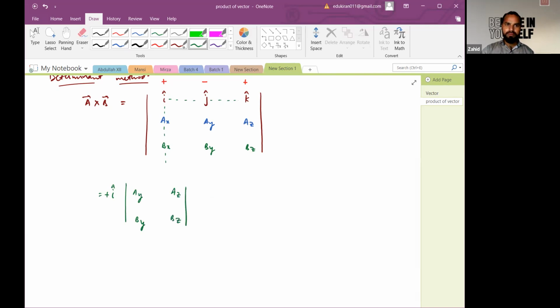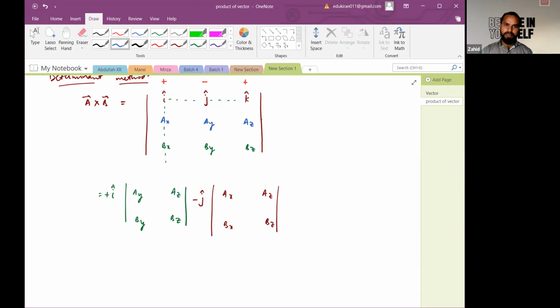Similarly, if you take this j cap, place your finger vertically on this and horizontally on this, you will get minus j as the coefficient. It will be AX, AZ, BX, and BZ mod.